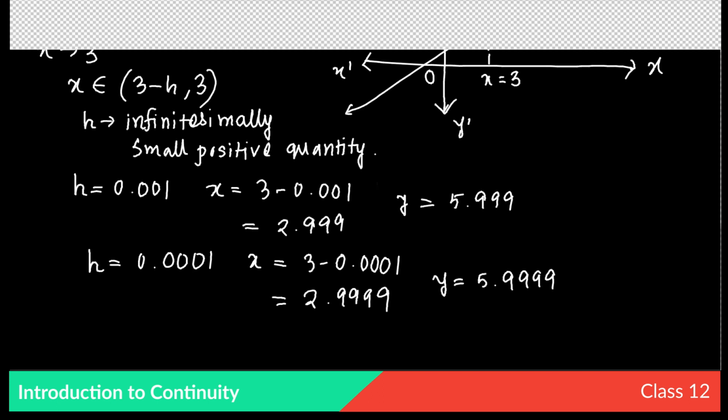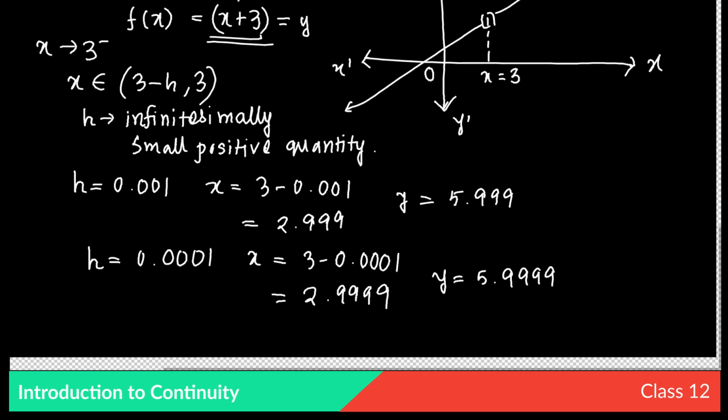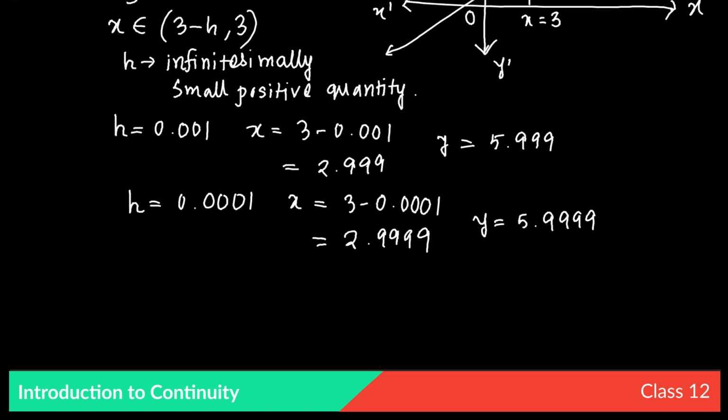It is approaching 6. You can say that it is approaching 6, because if you look at this carefully, when h is 0.0001, it is more closer to 3. When x is 2.9999, it is more closer to 3 than 2.999. So here, y is 5.999 and y is 5.9999, and this is more closer to 6 compared to this one.